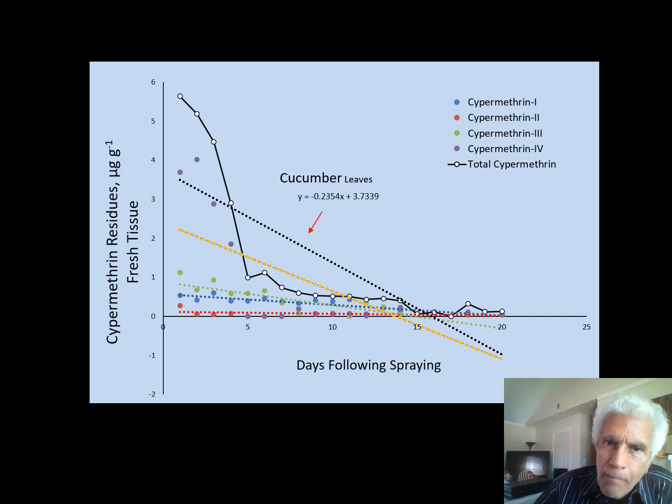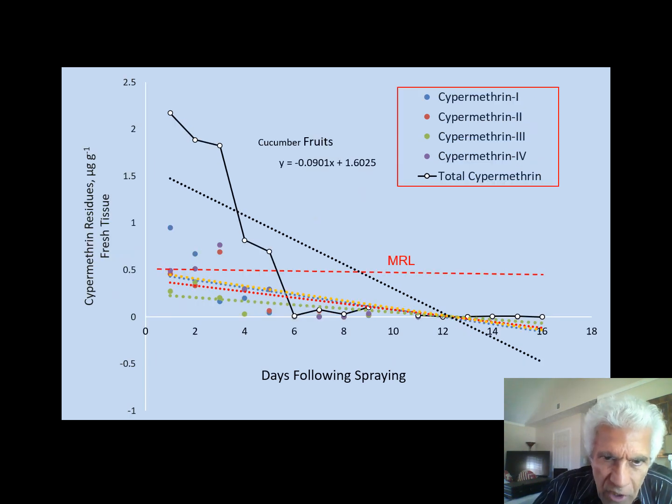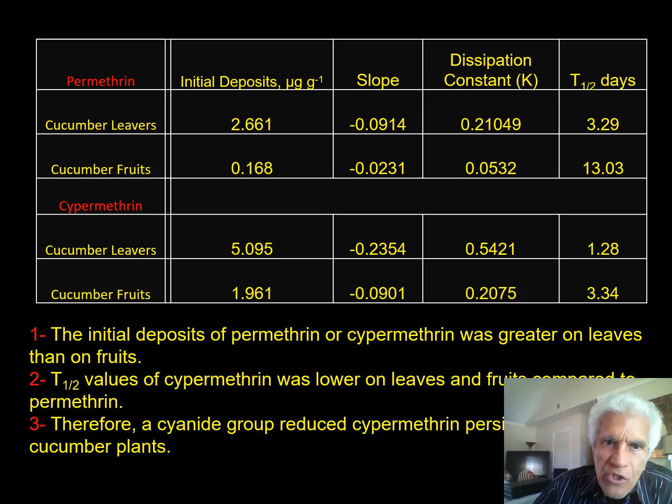Here you can also see the cucumber leaves and the dissipation of the cis and trans isomers of cypermethrin, and the cucumber fruits dissipation of cypermethrin and the separation of the isomers. Now in conclusion, the initial deposits of permethrin and cypermethrin were greater on the leaves than on the fruits.